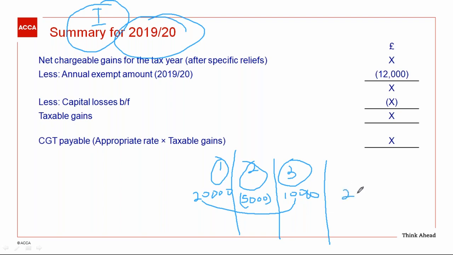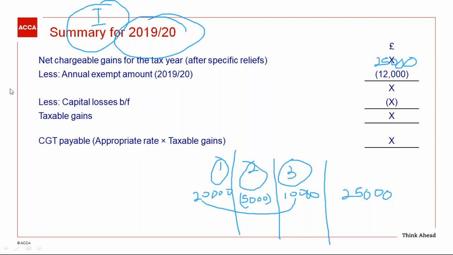Then you get an answer, 25,000 pounds, and that is what we call net chargeable gain. So if you have a current year capital loss, you need to set off the maximum possible amount.